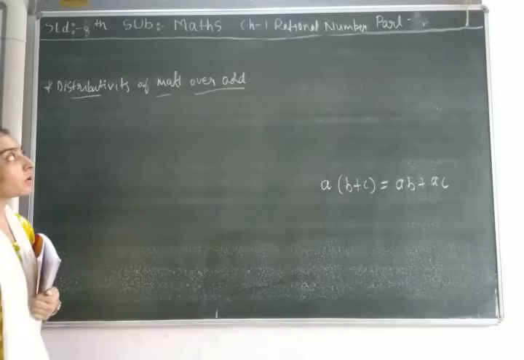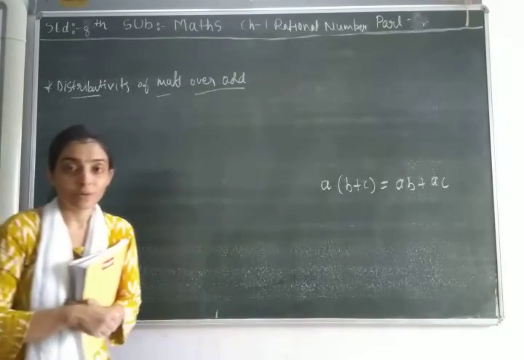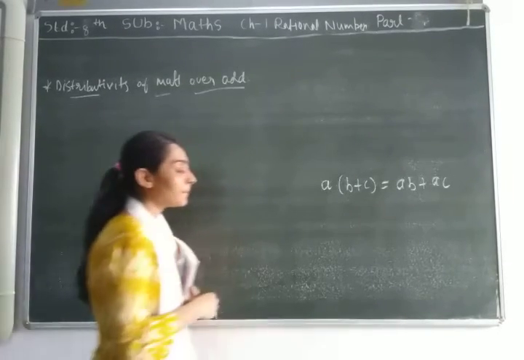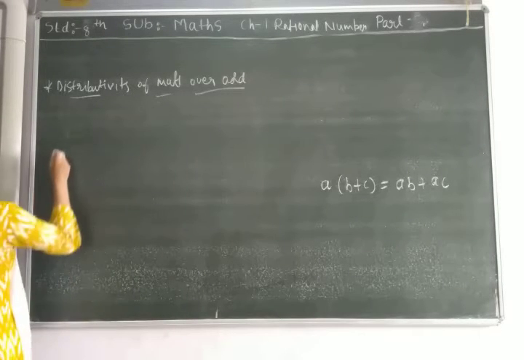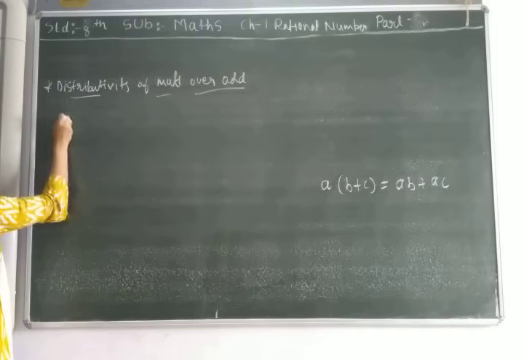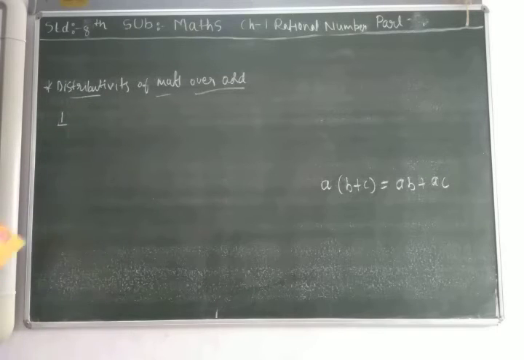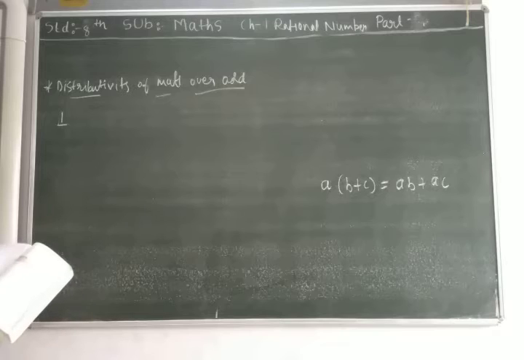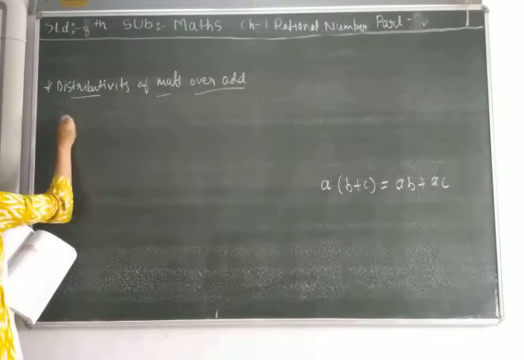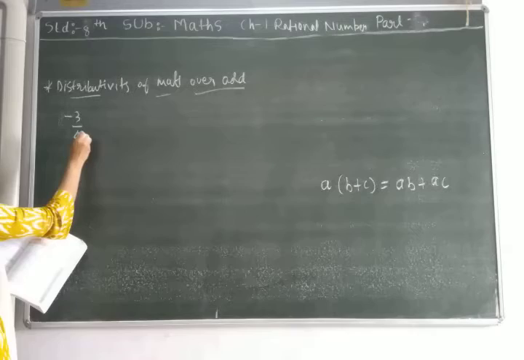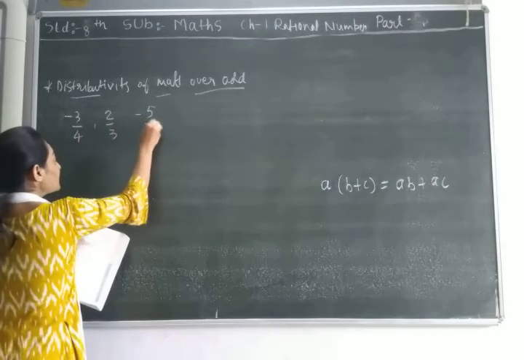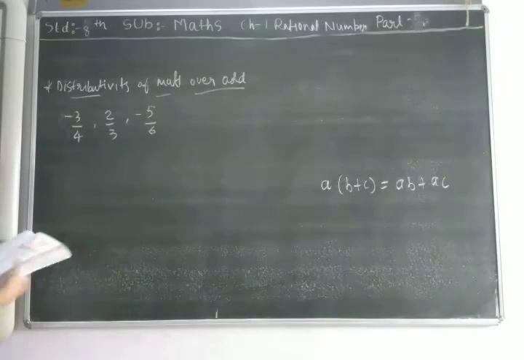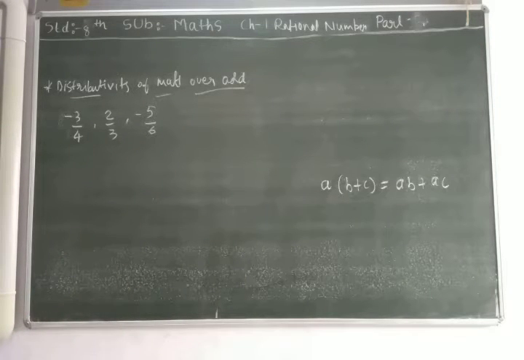Now we are going to talk about rational numbers. It means numbers which are in ratio form. I am taking the example from the textbook only. Say here is minus 3 upon 4, 2 by 3 and minus 5 by 6. Okay.